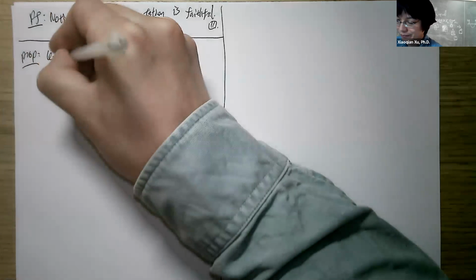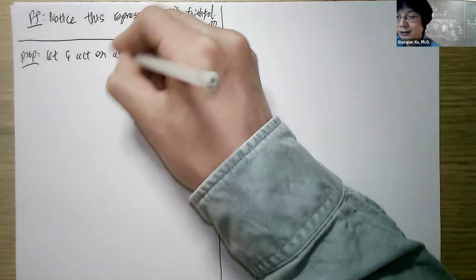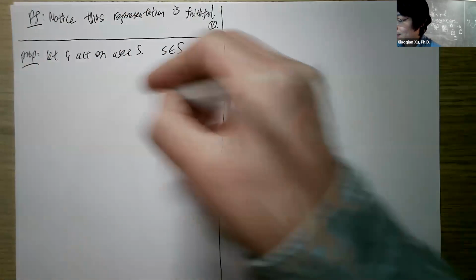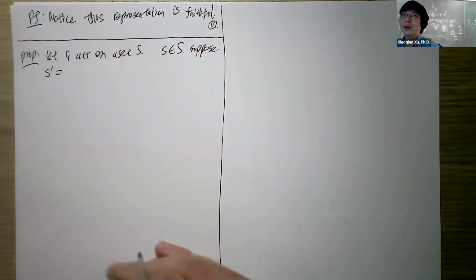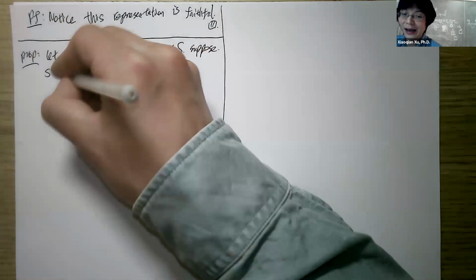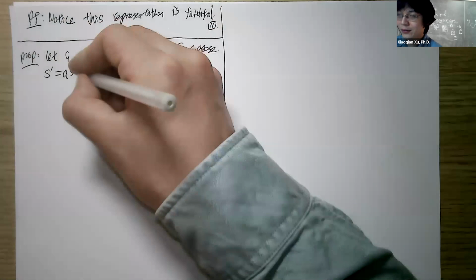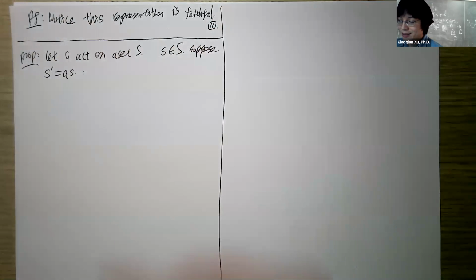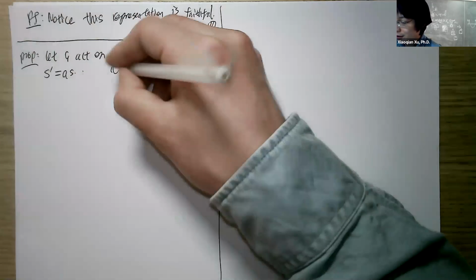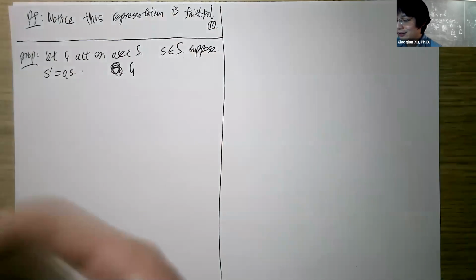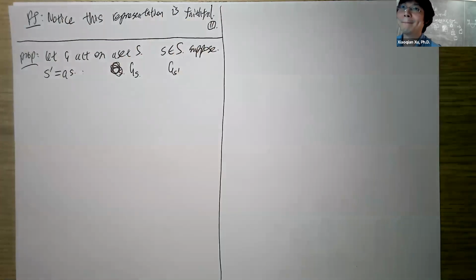Let's say G acts on a set S and s is in S. Suppose you have another element s' which equals a acting on s. The question here is, what's the relation between the stabilizer of s and the stabilizer of s'?